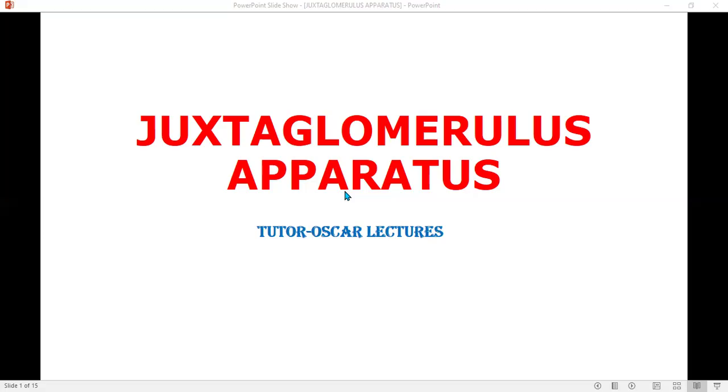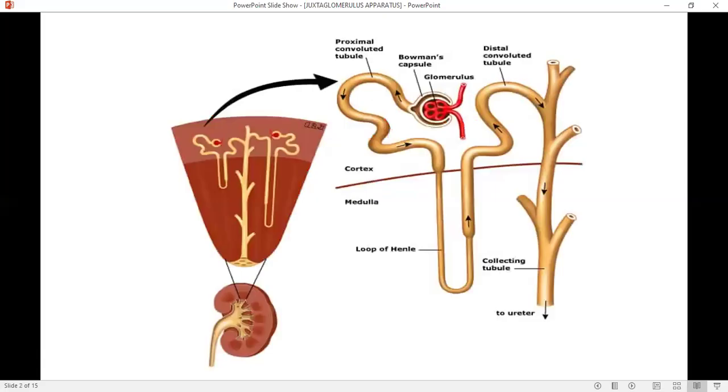Okay, so the juxtaglomerular apparatus, as I explained, is actually a very simple system, which is why they say apparatus. I mentioned that in the kidney there is what we call the nephron. The nephron is the structural and functional unit of the kidney, and we looked at its structure: the tubular and the vascular parts.